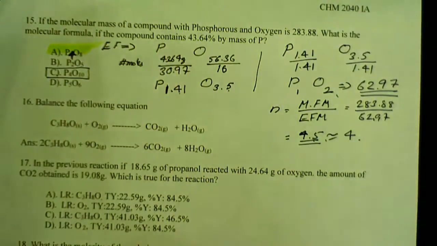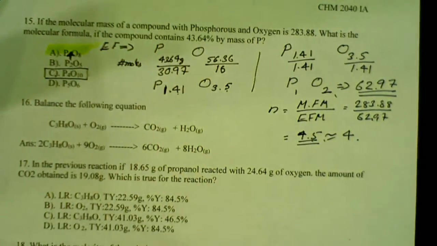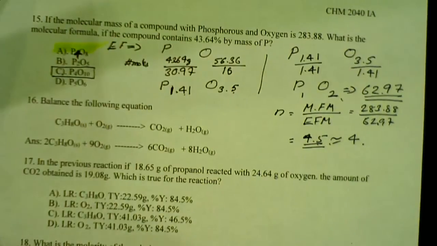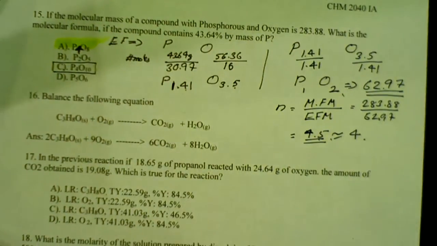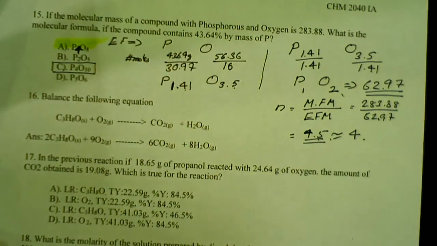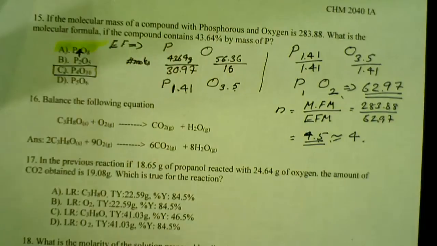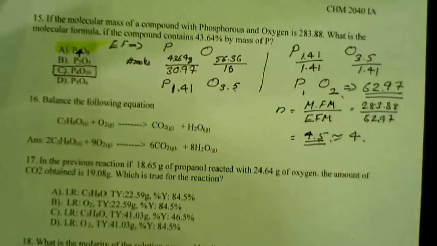It is going to be approximately 4, and you will end up with the formula P4O8. I'm sorry. P4O8. It's supposed to be this option, but the option is wrong. P4O8. Okay.